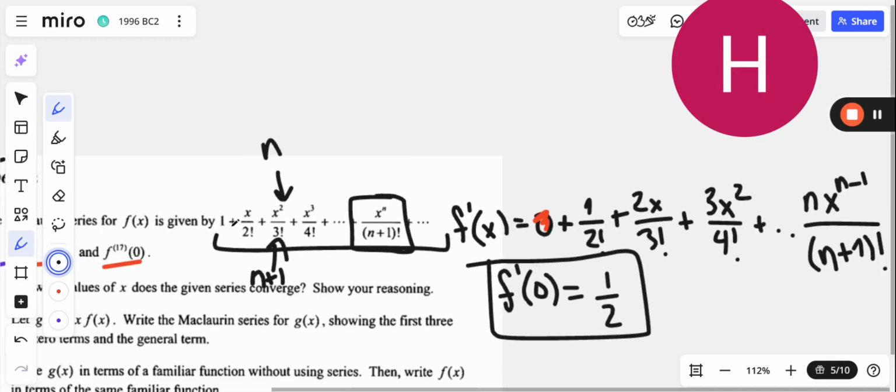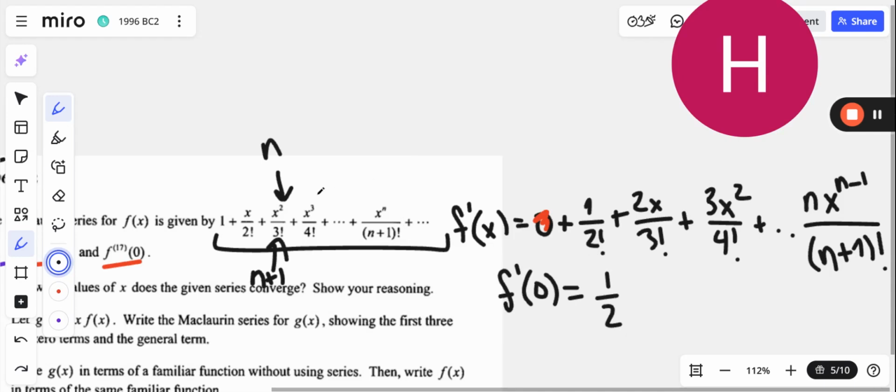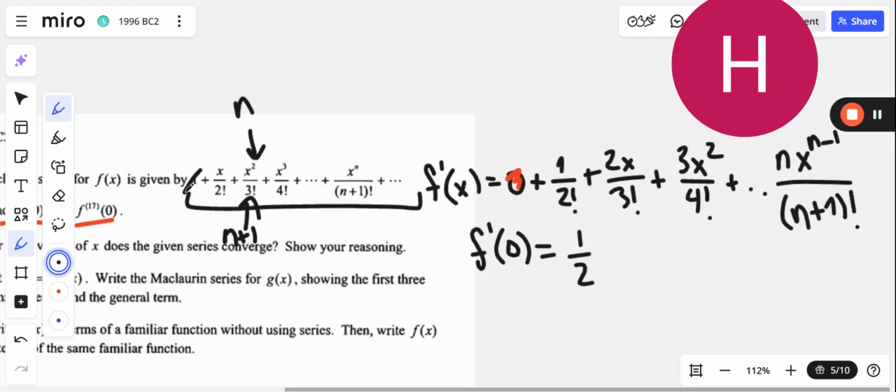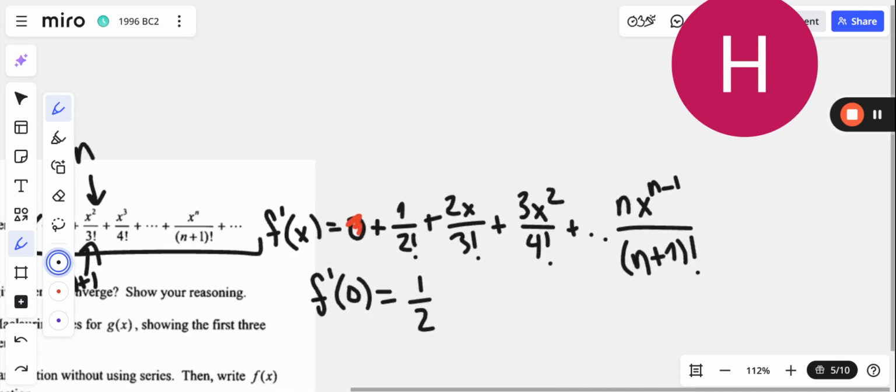All the terms in front of it are going to go to 0, just like in the first derivative, where the term in front went to 0 and then it turned into a constant. Everything else still has x's on it, so everything else is going to go to 0 when I plug in a 0. So what I'm saying is that the 17th derivative would have been the one that survives from taking a derivative 17 times, and the smallest term that does that is x to the 17th.